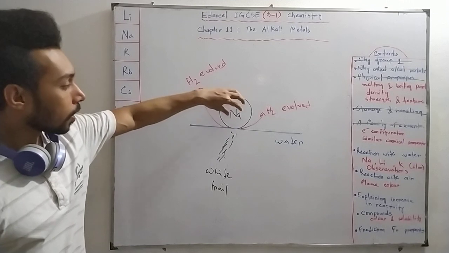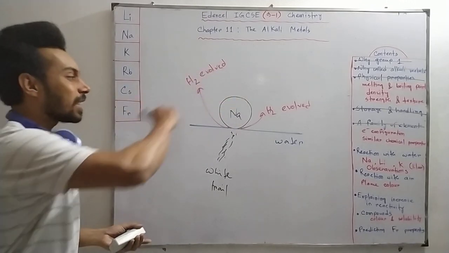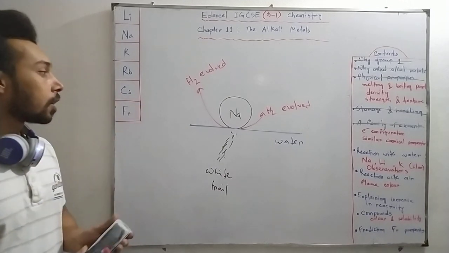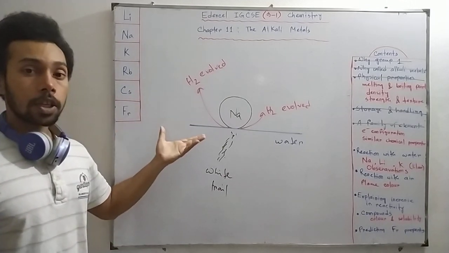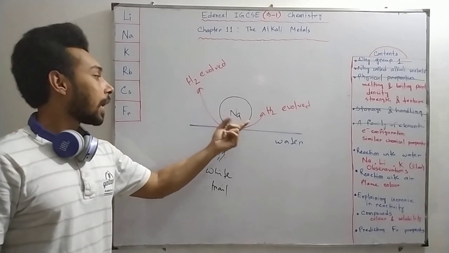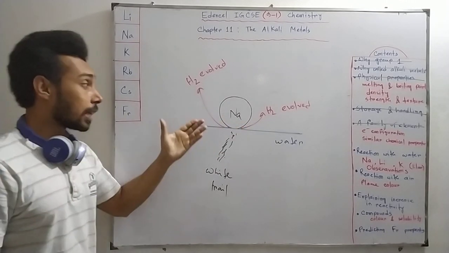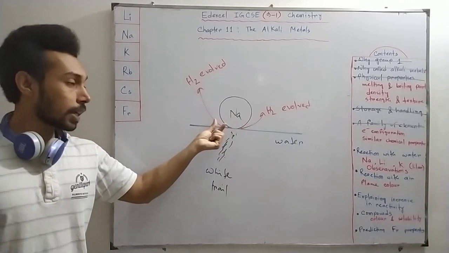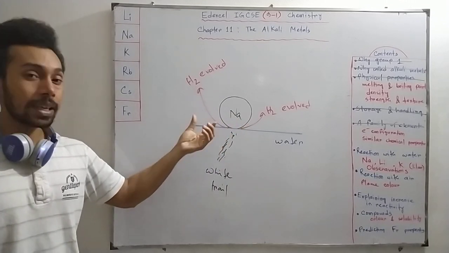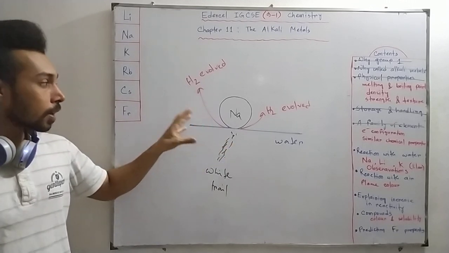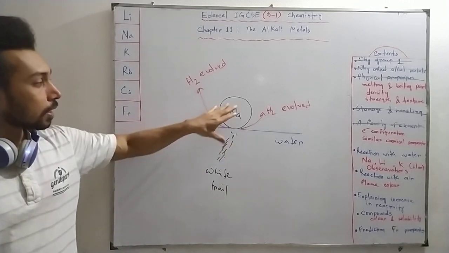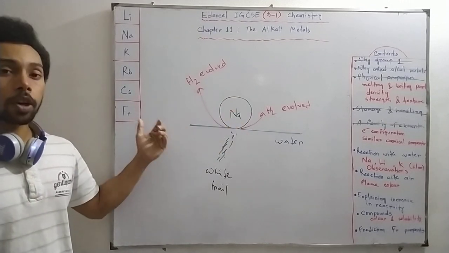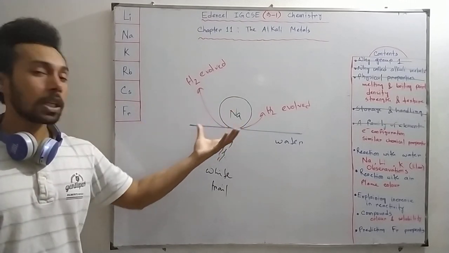Next observation, the sodium whizzes around or moves around on the surface. Why? Because of the production of hydrogen gas, and the gas is not given off symmetrically. Since the gas is not given off symmetrically, it pushes the sodium around the surface, but not evenly from all directions.